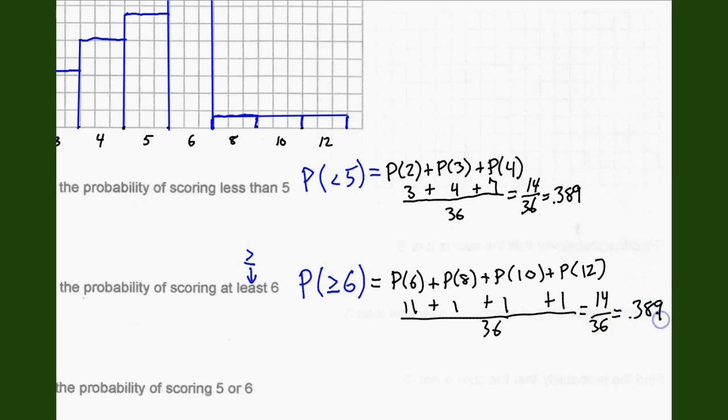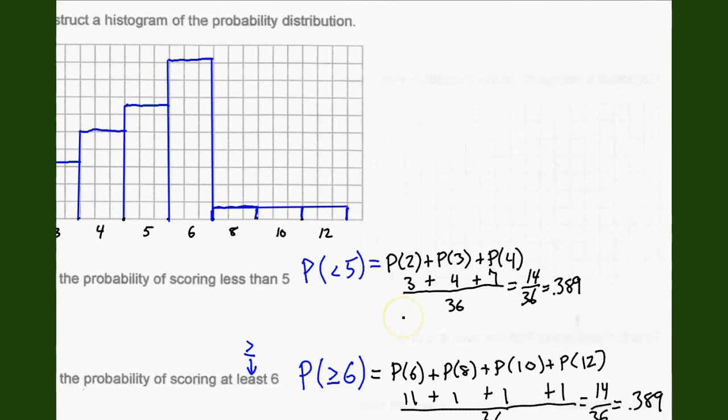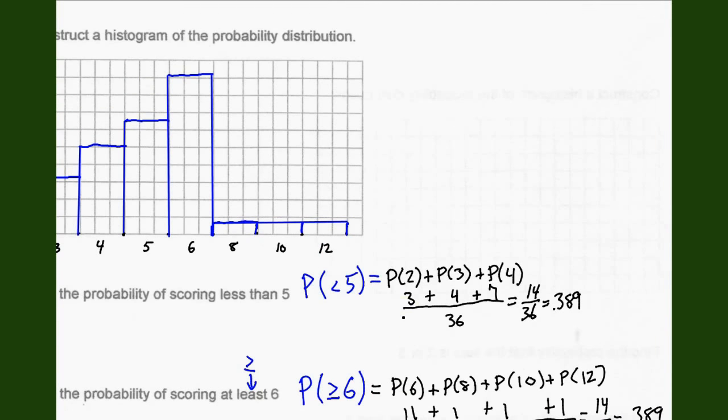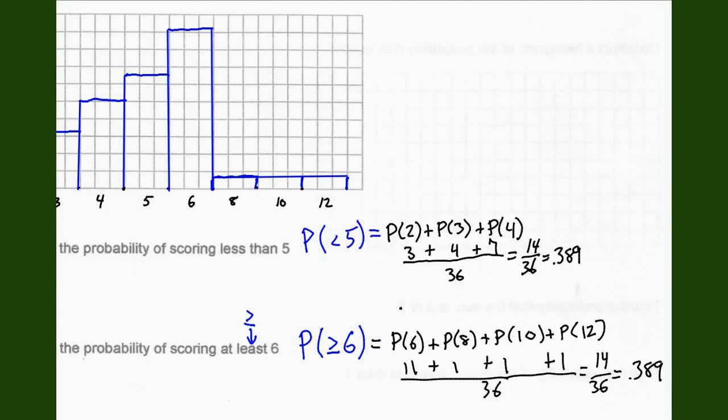So here's another thing we can do in probability. There is a way to figure out when things are equal to each other. So for instance, see how both these equal 14/36? We could actually say, well, the probability of getting less than 5 is equal to the probability of getting 6 or more.